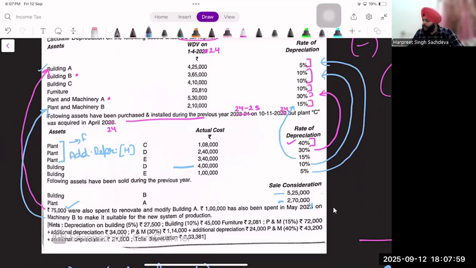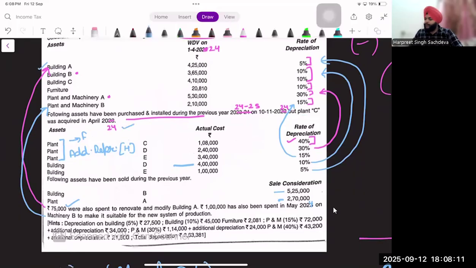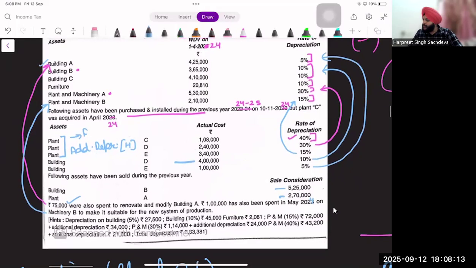Building E was purchased when? All the assets except plant C. Plant C was acquired in April 24, but all other assets have been purchased on 10th November 24. 10th November 24 is less than 180 days, everyone. Yes or no? Quick.